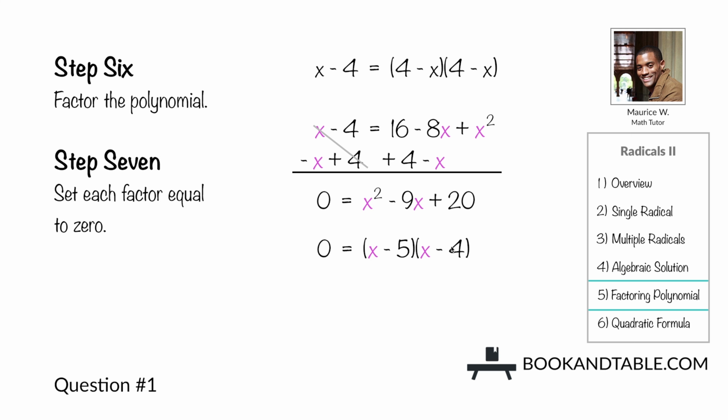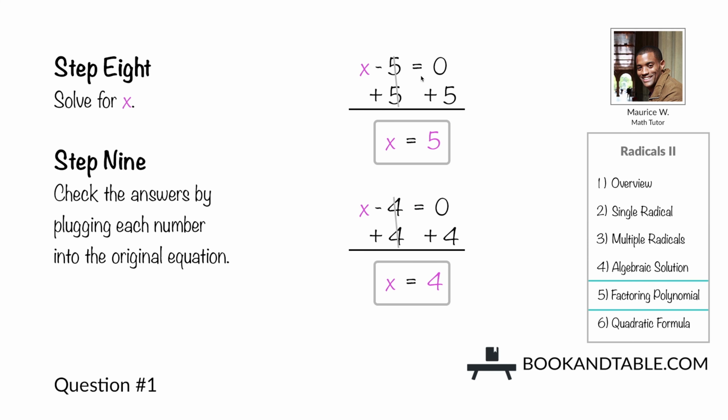Negative 5 minus 4 is negative 9. So this can be factored to 0 is equal to x minus 5 times x minus 4. And we set each factor equal to 0. So x minus 5 is equal to 0, and x minus 4 is equal to 0. And now we want to solve each of these for x.